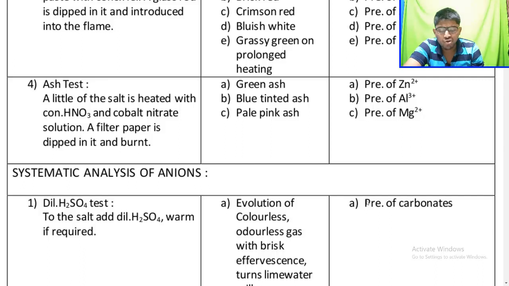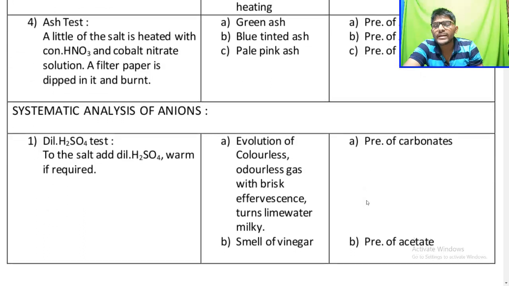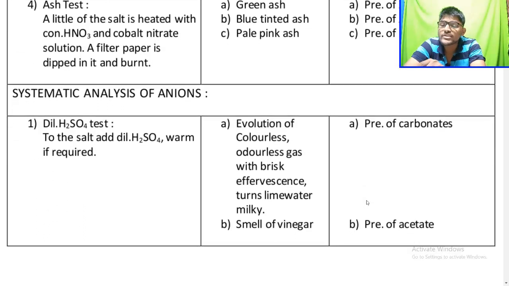Systematic analysis of anions. So guys, get into this, like the dilute H2SO4 test. To the salt add dilute H2SO4 and then warm if required. Evolution of a colorless odorless gas with brisk effervescence that turns lime water milky can be the presence of carbonates.